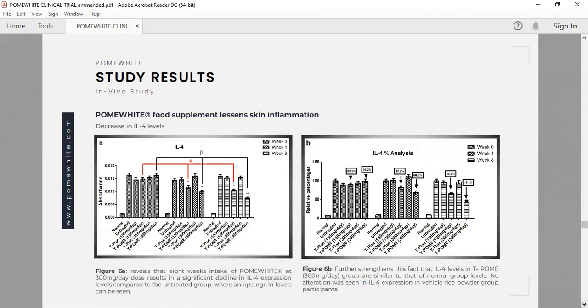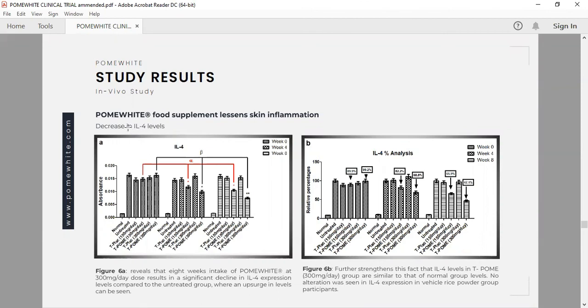Then a very important property of Pomewhite is that it can reduce skin inflammation, because inflammation is a hallmark of the presence of scars and acne lesions. Once the inflammation is diminished, the acne lesion size is much reduced. IL-4 is a very important interleukin, a pro-inflammatory cytokine that starts increasing in quantity at the start of inflammation.